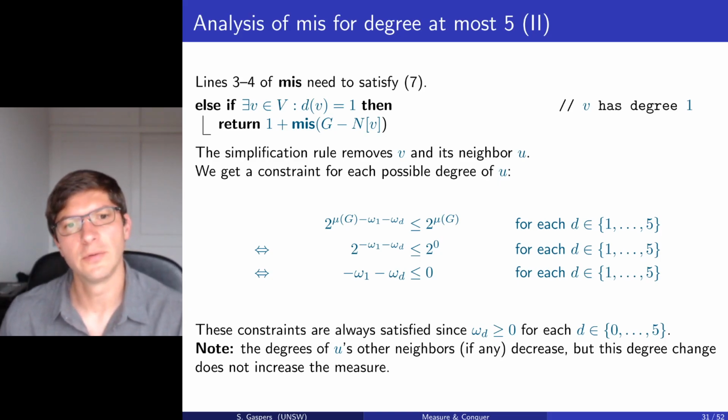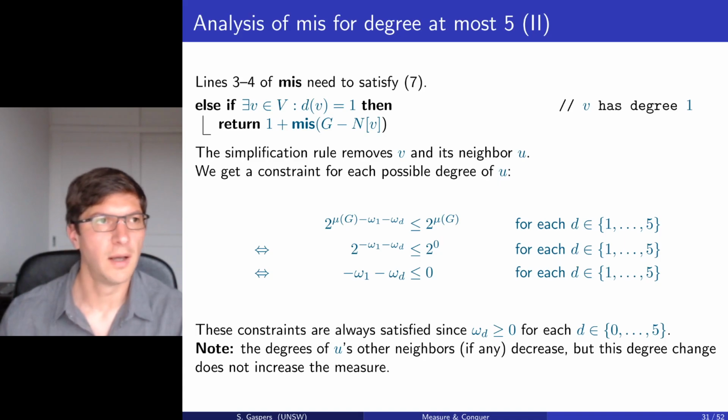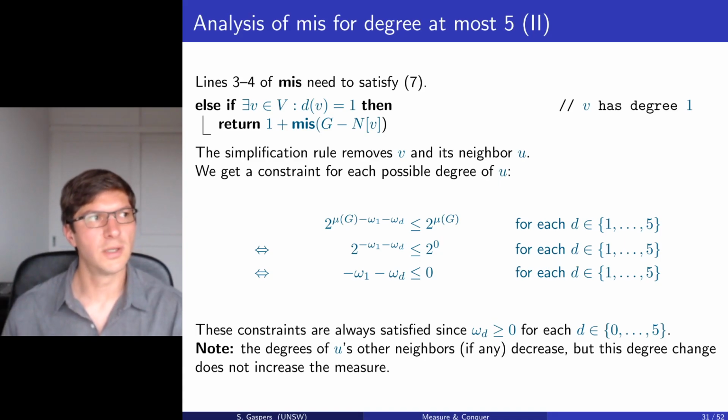And so the resulting instance that we get after applying the simplification rule has one fewer degree 1 vertex, and its neighbor has also disappeared. And so its neighbor has some degree, let's say it has degree d.